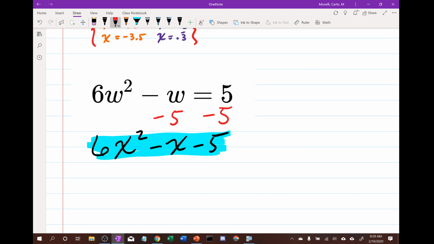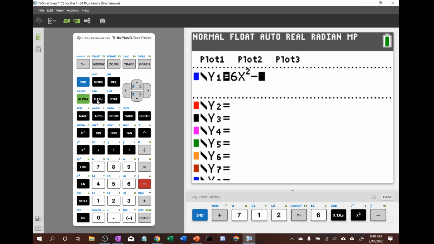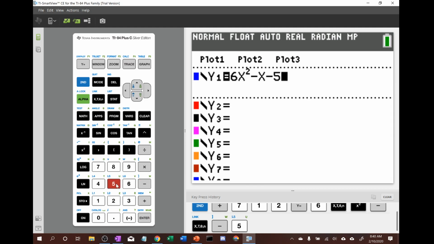So, what you need is y1 equals, and then put that in: 6x squared minus x minus 5. Okay, go ahead and click graph.